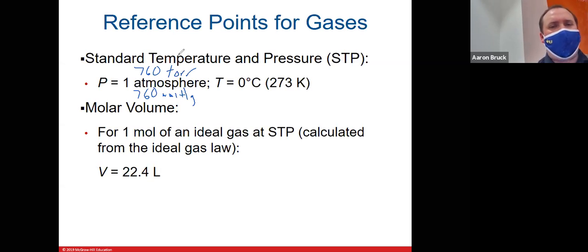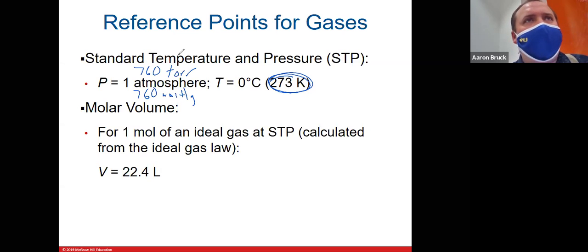Remember, for temperature we have to think in absolute terms rather than in Celsius or relative terms. So Kelvin is what we are going to focus on there. And so 273 is the appropriate value for STP. Now, what this does for us is really important.